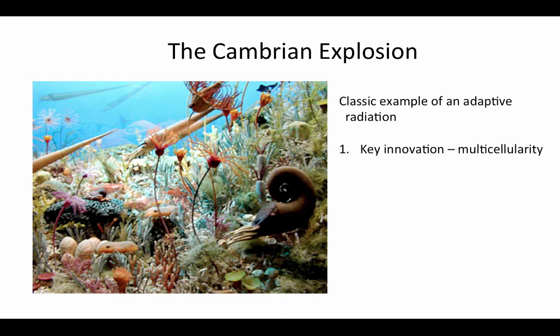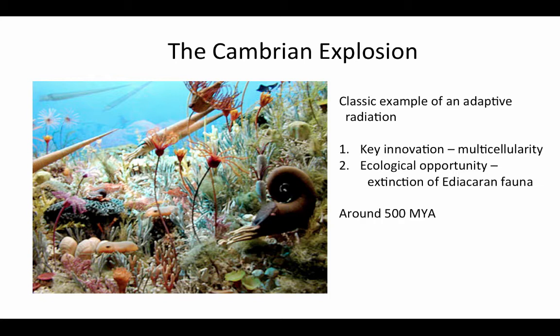So again, a key innovation would have been multicellularity, differentiation of cells, differentiation of tissues that led to greater resource use, but also it's associated with this ecological opportunity provided by the extinction of the Ediacaran fauna. There are lots of different kinds of resources that were being exploited by the Ediacaran fauna that are now available for use by this later radiation of animals.